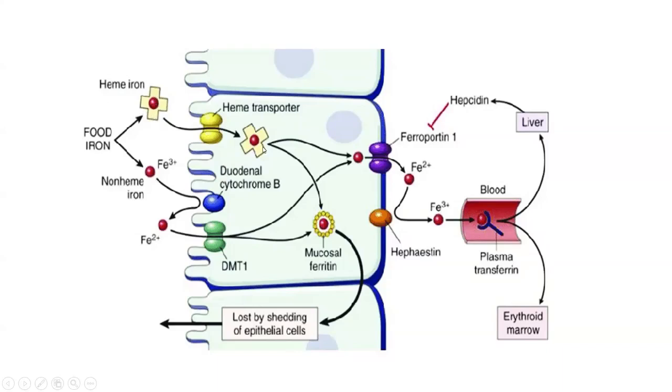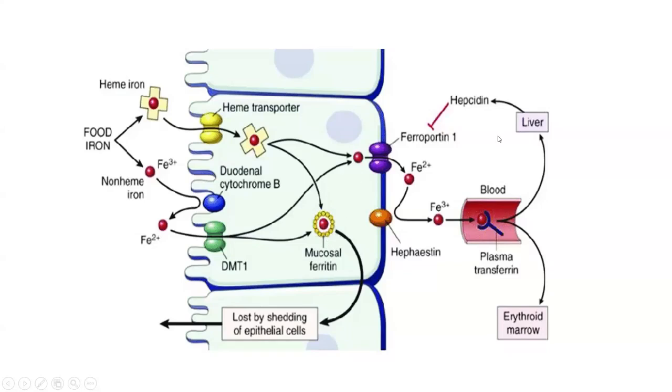As soon as heme iron is present in the lumen, it gets transported in and absorbed. But it is not the same for non-heme iron. If 20 to 30% of heme iron is absorbed, only 2 to 8% of non-heme iron available in diet is absorbed. That is because it has to be first converted into the ferrous form and then taken up by the divalent metal transporter 1. Once the iron enters the mucosal enterocytes, it is then stored as ferritin.